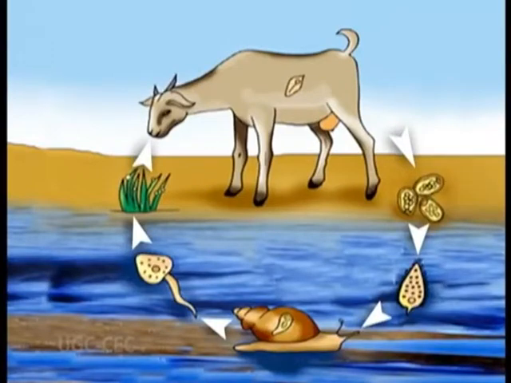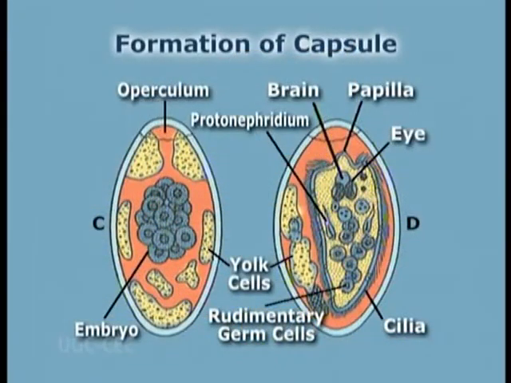Further development occurs when the capsule comes into contact with water at an optimum temperature of 30 degrees Celsius. The encapsulated embryo differentiates into the Miracidium larva. You can also observe in the fourth figure of the capsule that the Miracidium larva is developing inside the capsule.